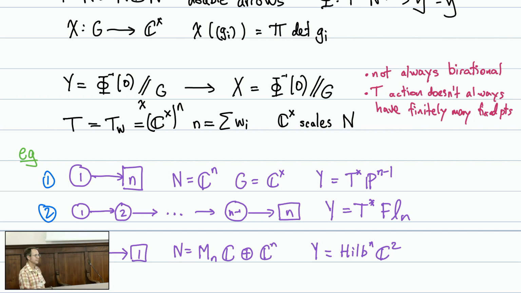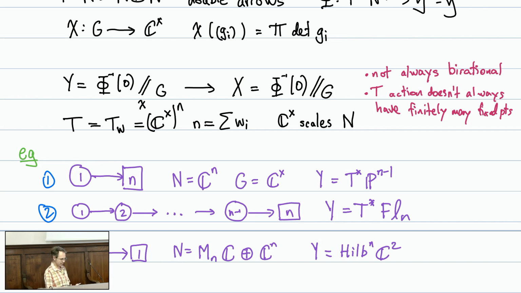The underlying Dynkin diagram is the Dynkin diagram A1, the Dynkin diagram of SL2. I take, say, one-dimensional and n-dimensional. So my n is just Cn, because it's the Hom from this 1 to this n. And my G is C star because it's GL of this one-dimensional vector space. And so I end up with T star of Cn.